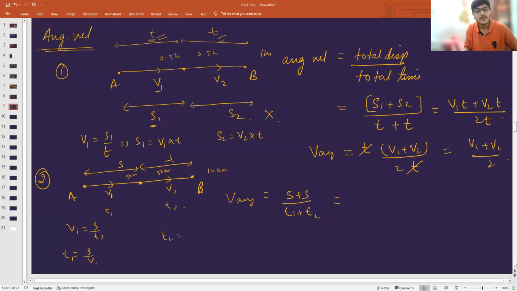Similarly T2 will be S by V2. If I substitute it here, S plus S by S by V1 plus S by V2. So it is 2S, and I'm taking S common, one by V1 plus 1 by V2. So S and S cancel. If I take the common denominator, it will be 2 V1 V2 by V1 plus V2.